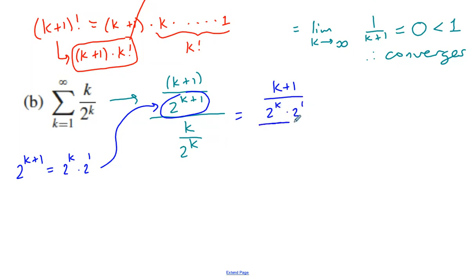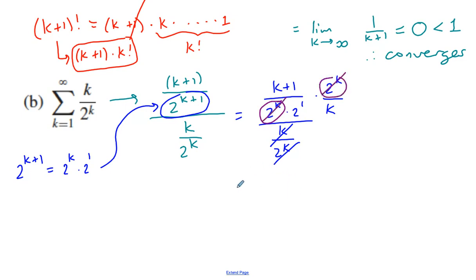This is being divided by k over 2 to the k. Take this whole denominator, flip it up, and there we go. And what we notice is that our 2 to the k terms cancel.